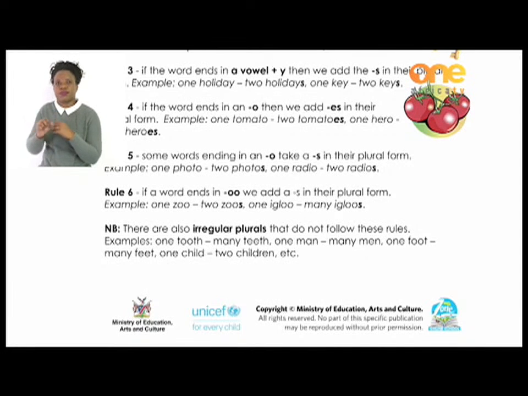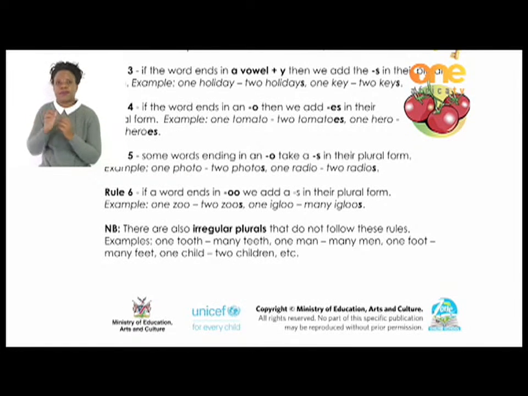Let's look at the examples. The noun holiday ends with A plus Y. So there, we just add an S. One key, two keys. We are just adding an S.